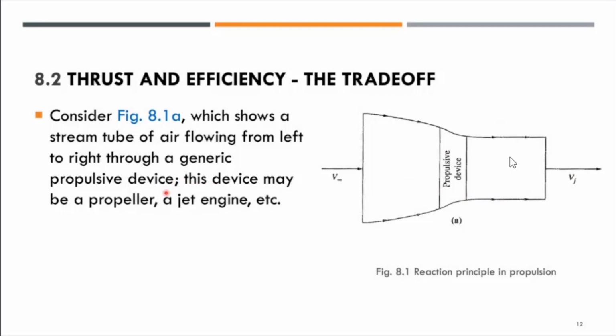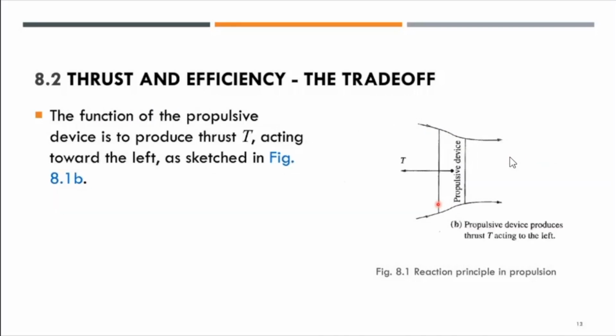This device may be a propeller, a jet engine, a turbofan or a turboprop; it is just a generic propulsive device. The function of the propulsive device is of course to produce thrust, T, to push the vehicle or the aircraft to the left in this particular figure, acting opposite to the drag of the aircraft.